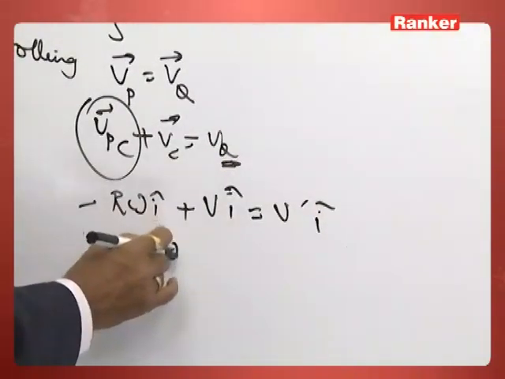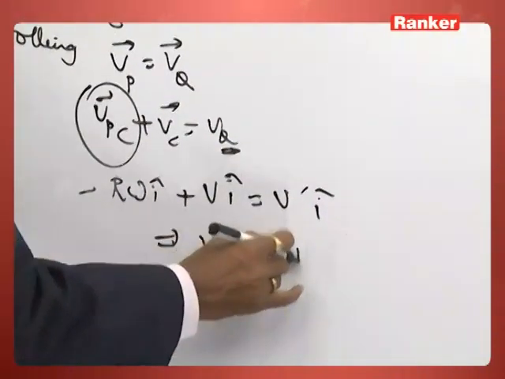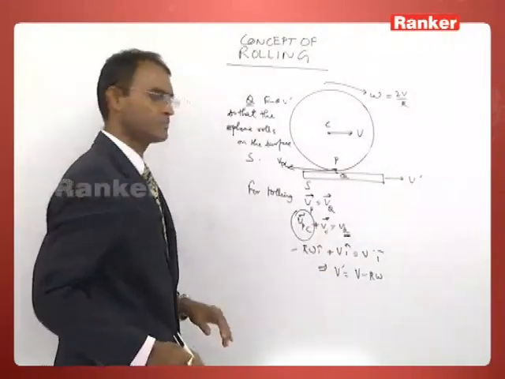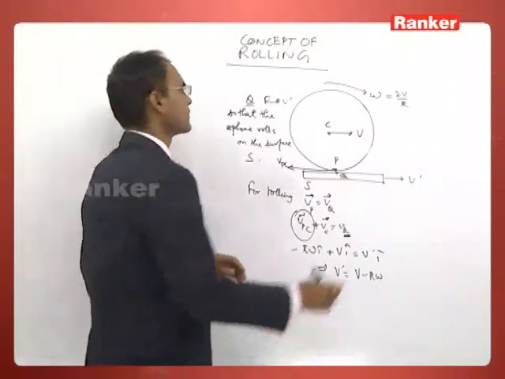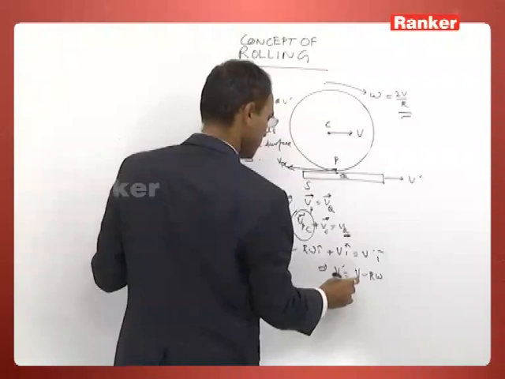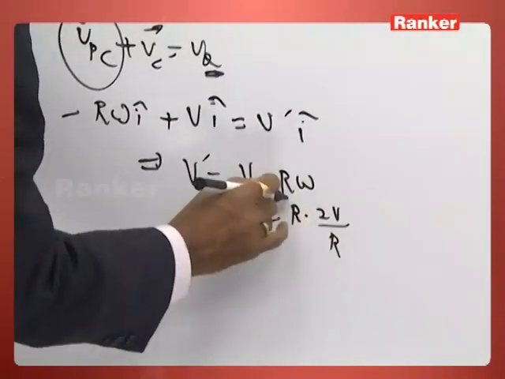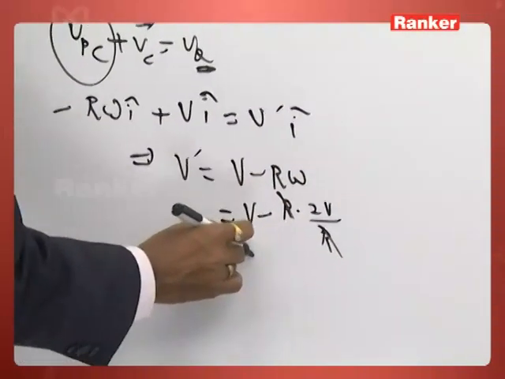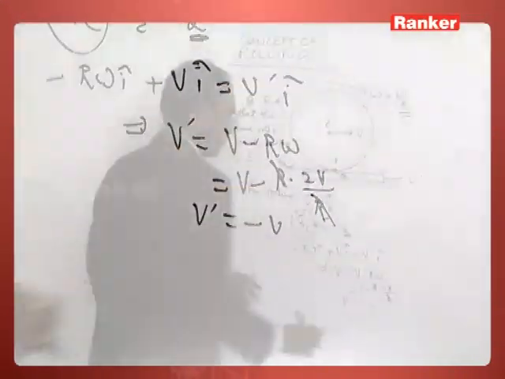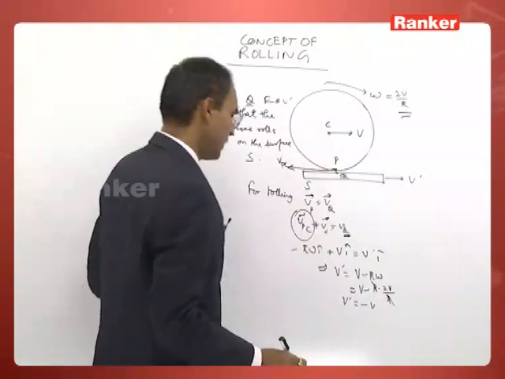So the condition is V dash is equal to V minus R omega. R is getting cancelled, you are getting minus V. So V dash is equal to minus V.